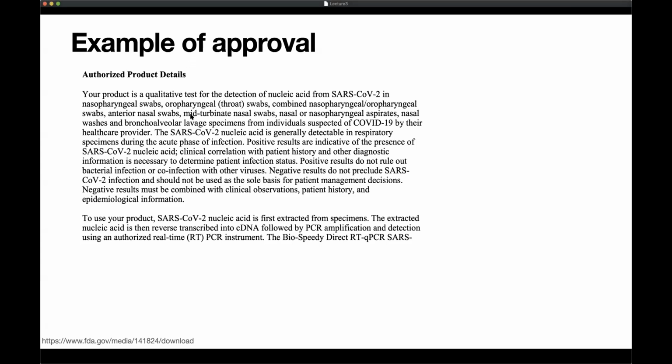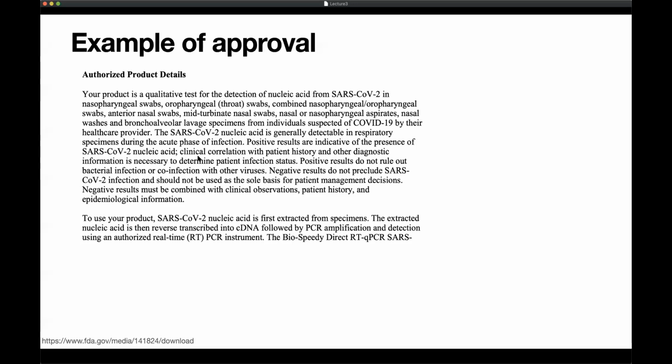So here's an example of one type of approval. So your product is a qualitative test for the detection. So qualitative is an important word. It just means yes or no. It's not really designed to test how much SARS-CoV-2 there is in different types of swabs. SARS-CoV-2 nucleic acid is generally detectable in respiratory specimens during the acute phase of infection.